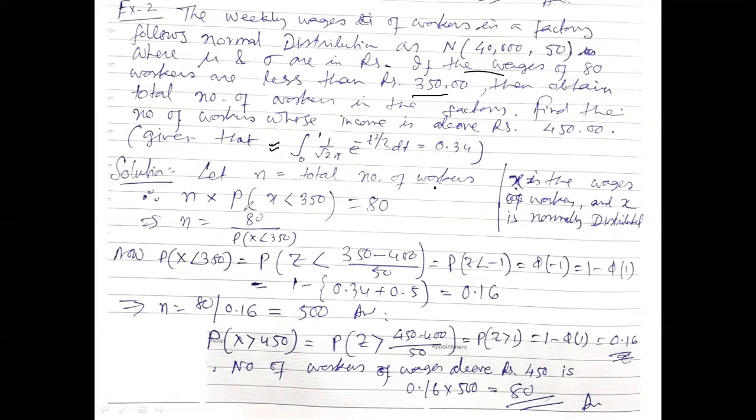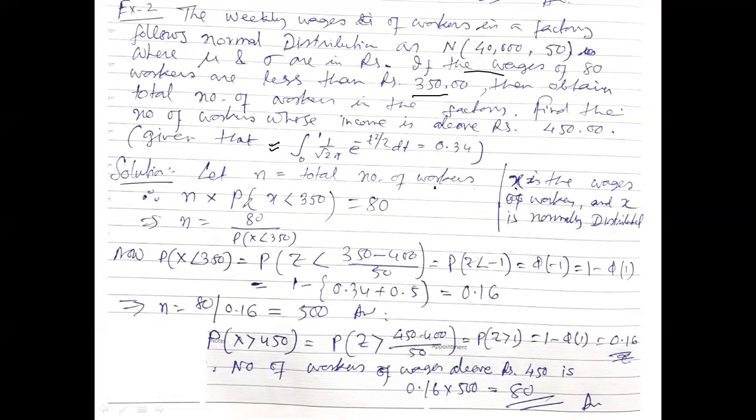Now what is the meaning of the probability? Probability of x less than 350 implies the fraction of workers whose wage is less than 350.